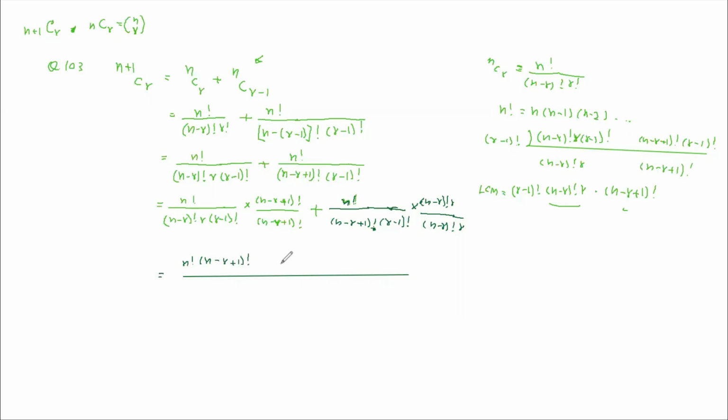Okay, and then plus the top here times this one becomes n factorial times n minus r factorial times r, and the bottom is the LCM, so write down n minus r factorial times r minus 1 factorial times n minus r plus 1 factorial.